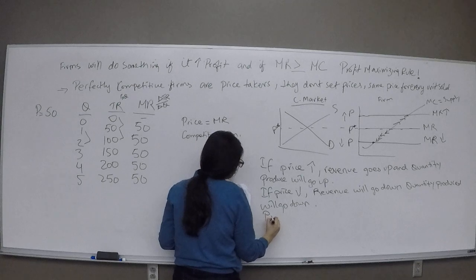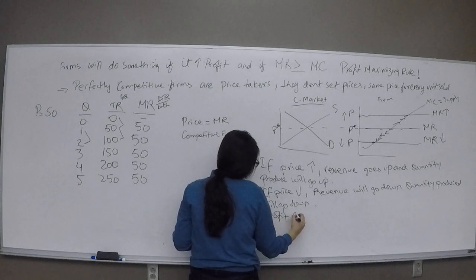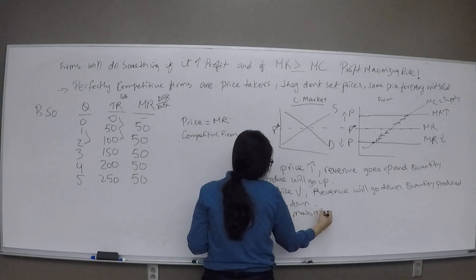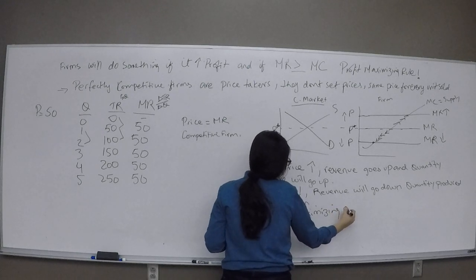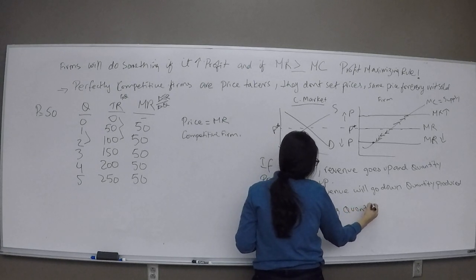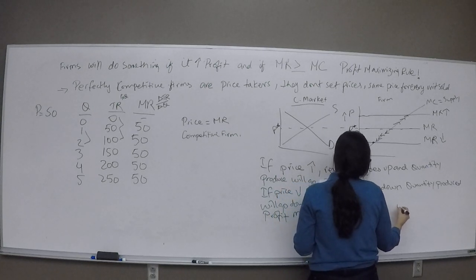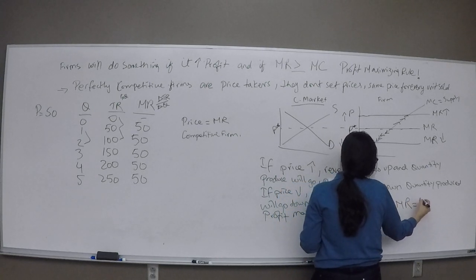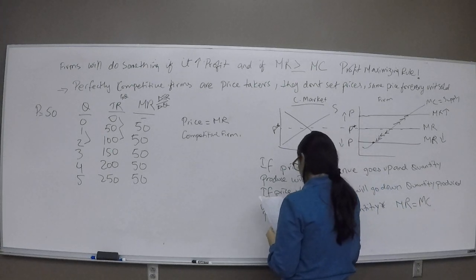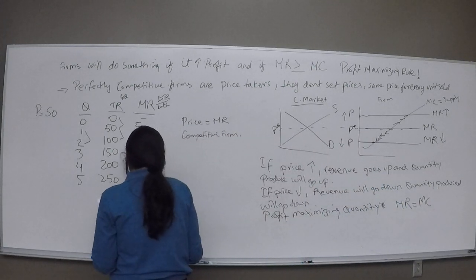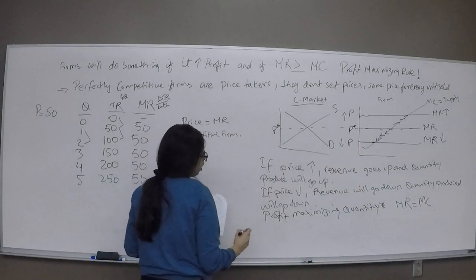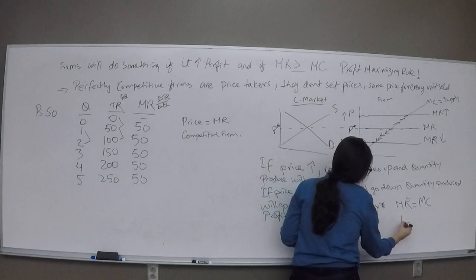Profit maximizing quantity is where marginal revenue is equal to marginal cost, or price is equal to marginal cost.